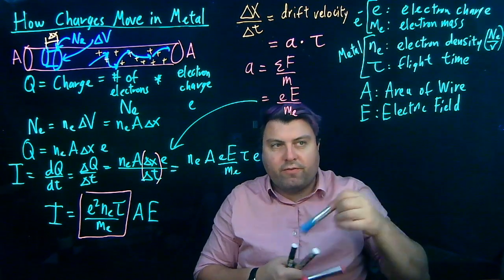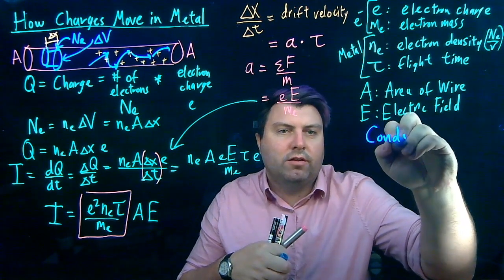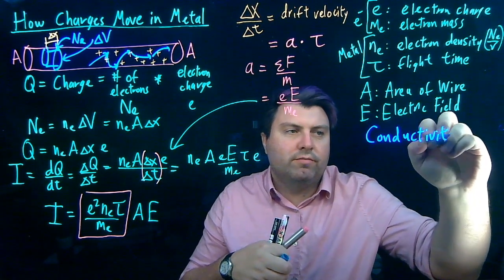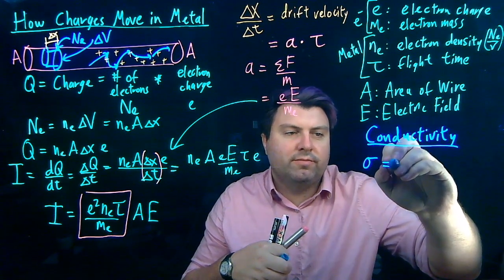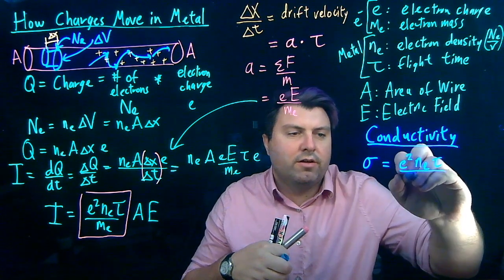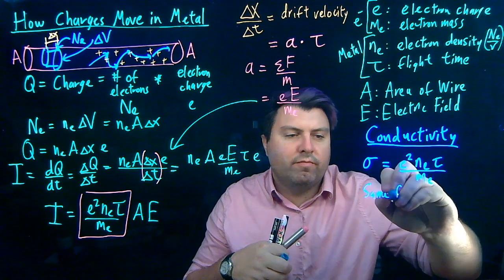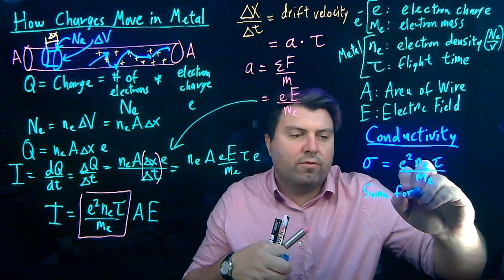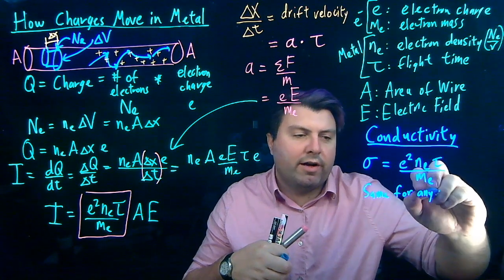So we are going to define a new quantity, conductivity, and the conductivity sigma is going to be E squared N sub E tau over the mass of the electron. This will be the same for any metal, or for any wire of the same metal.